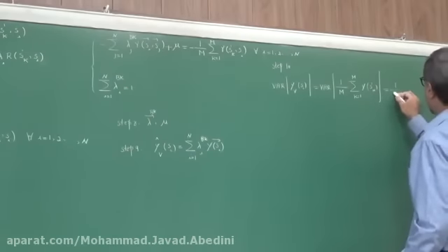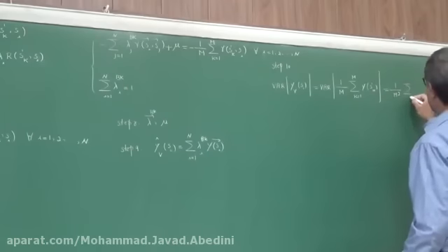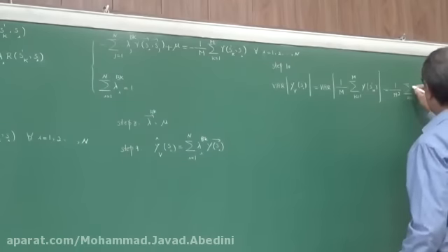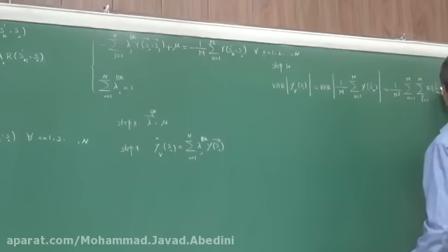So it is 1 over m squared, double summation k from 1 to m, summation l from 1 to m, r sub s prime k, s prime l. Okay? That's going to be variance of true value for y over block V indexed at S0.